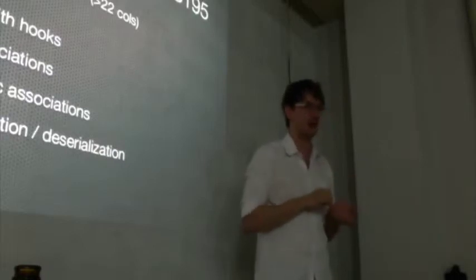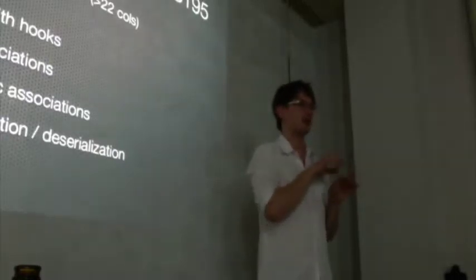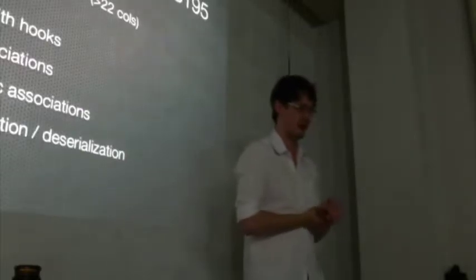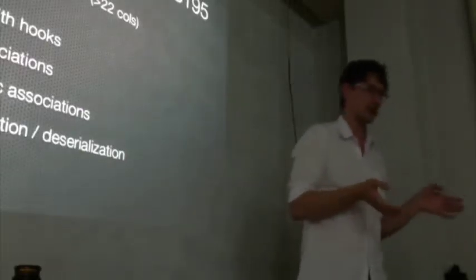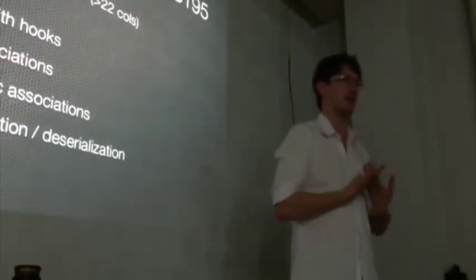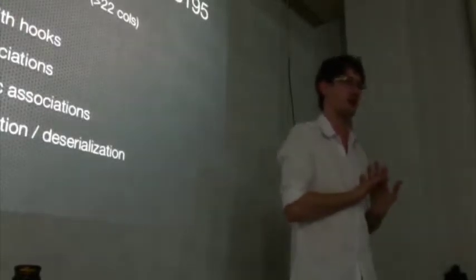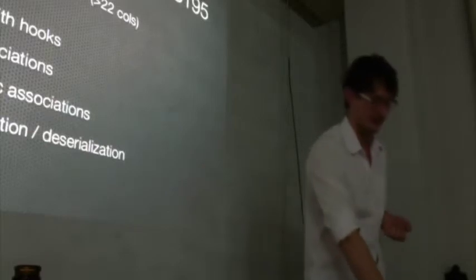We also have polymorphic associations, where one table stores the ID of another table, but also stores a field saying which table it actually means, so it can relate to multiple different tables. And we do serialization and deserialization, and we extended the code generator to understand all these concepts, or rather our model to understand them, and the generator to assist us with this code.